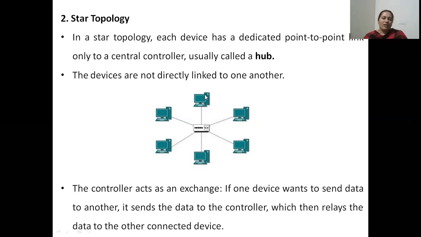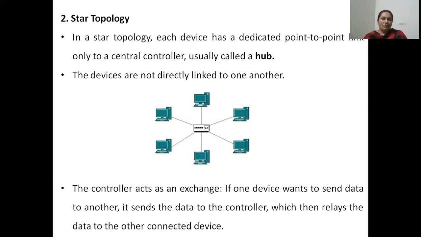Whenever one computer wants to send data to another computer, it sends the data to the hub, and the hub in turn will locate the receiver of that particular data, and it will transmit the data to the receiver on behalf of the sender.